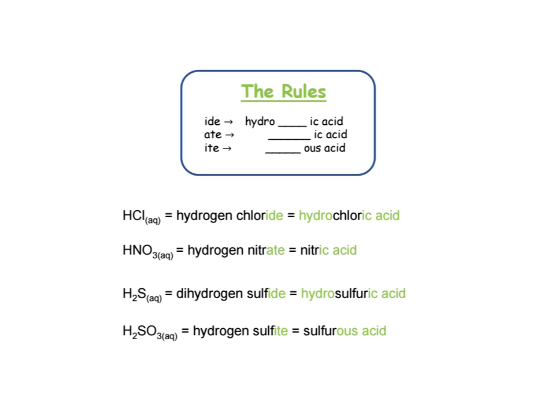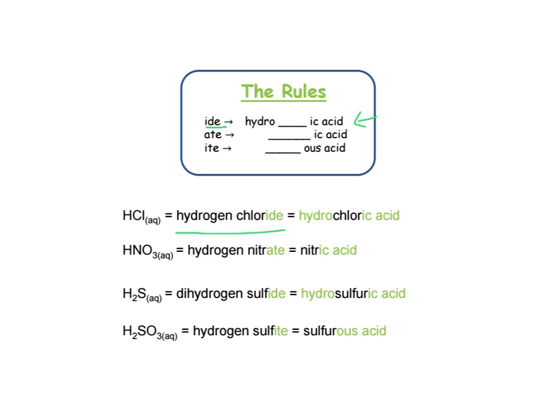Our first example is hydrogen chloride, HCl. We name it as the ionic compound, hydrogen chloride, and then using our first rule, if it ends in "ide", we change the name into hydro-something-ic acid. So hydrogen chloride here becomes hydrochloric acid.